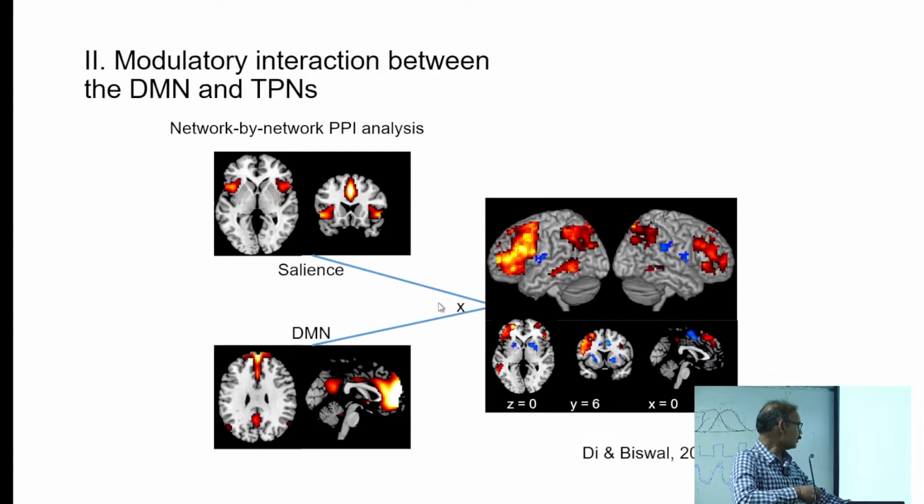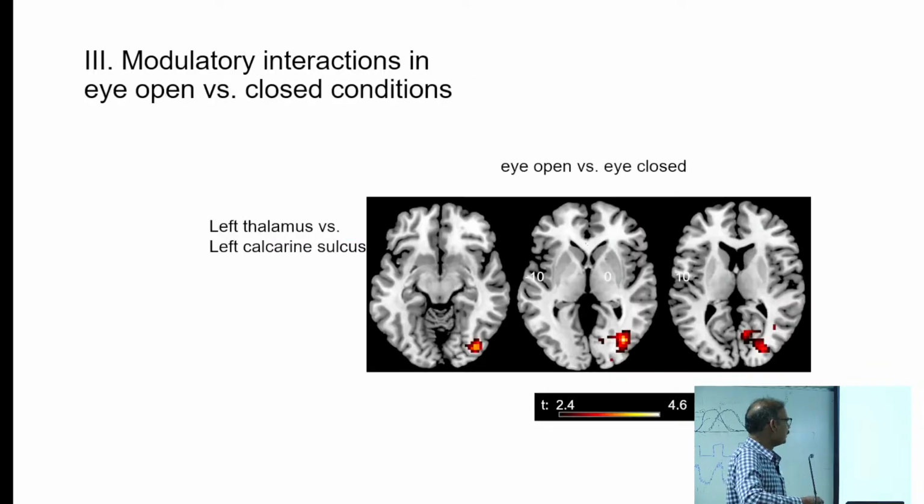And this shows a fairly large region where the salience network influences the connection between the default mode and the task positive network. And this is a very simple task of eyes open versus eyes closed.